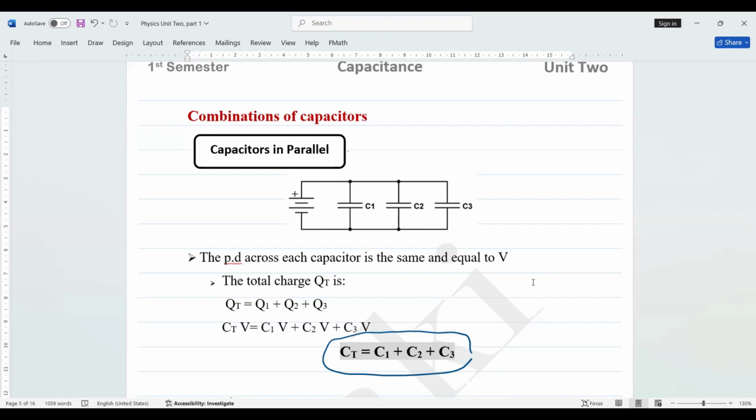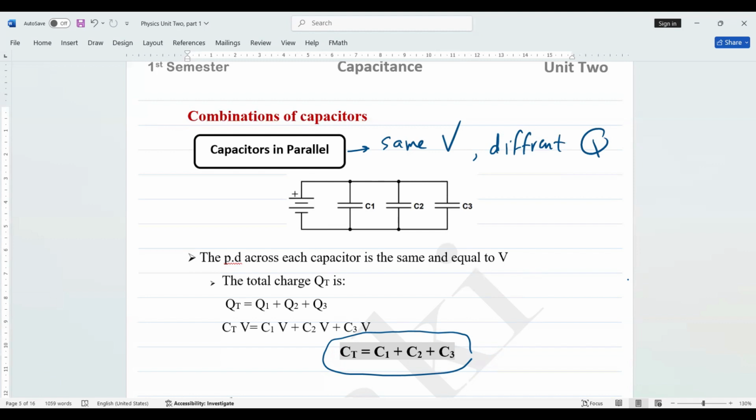So remember, capacitors in parallel have the same voltage, but different charges. So to increase the capacitance of capacitors, we connect them in parallel.